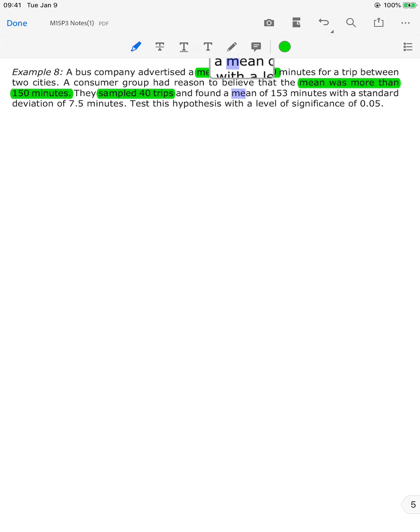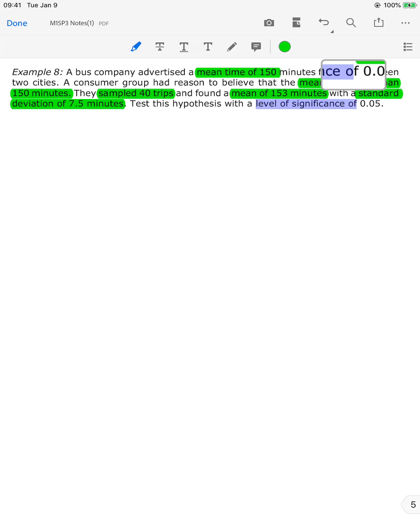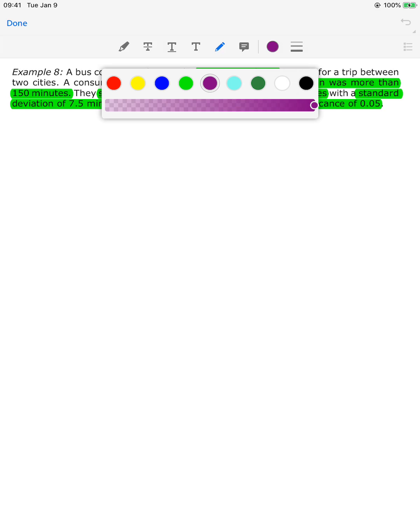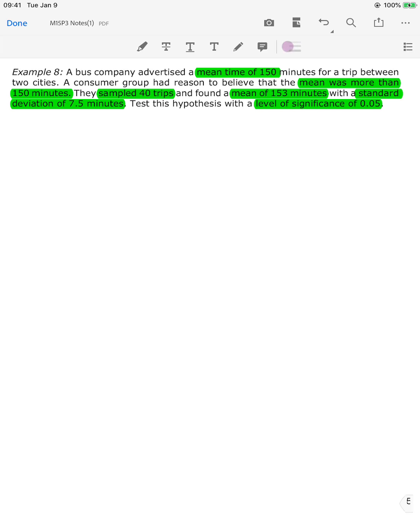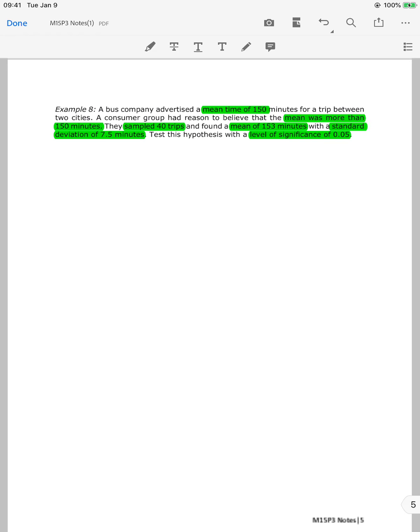They found a mean of 153 minutes. They found a standard deviation of 7.5 minutes, and we're testing this with a level of significance of 0.05. All right, now we can get into step 1. Let me zoom back out so I have more room.